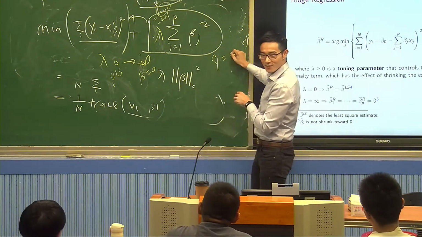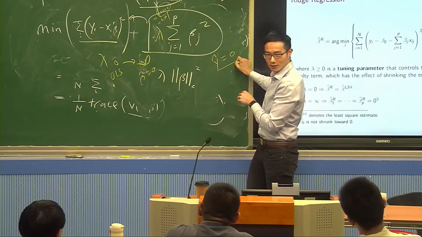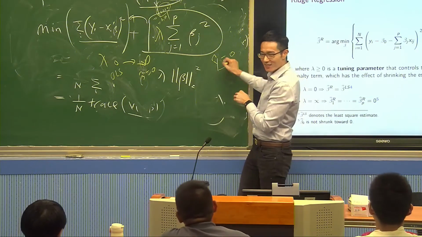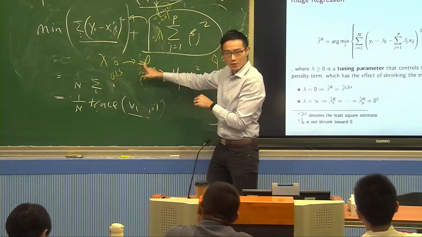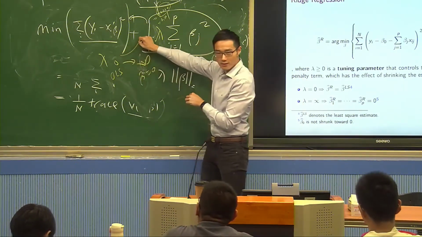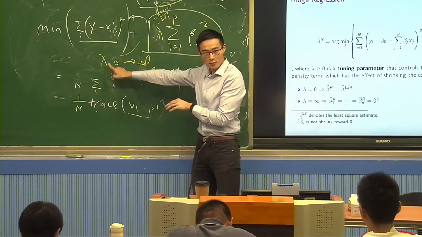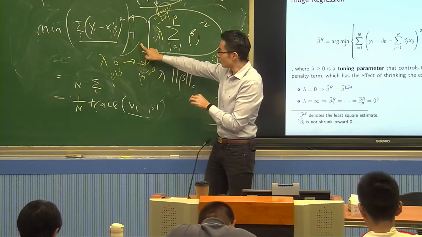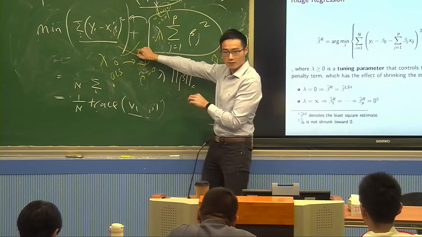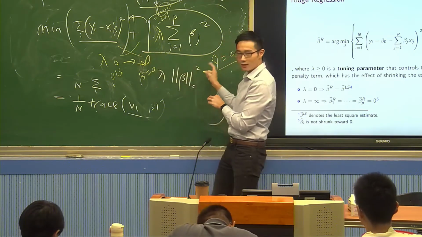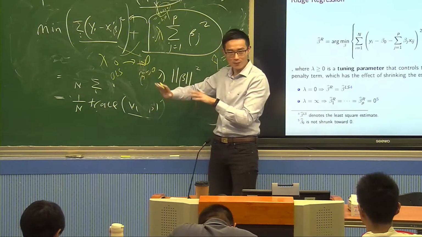What is the variance of our model? 0. So as we go from here to here, the bias increases, because OLS is unbiased. So we're increasing our bias and we are decreasing the variance. And when lambda is infinity, the variance is 0. There's no variance when all the beta is 0.